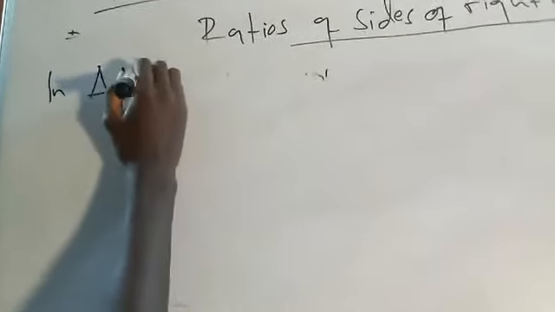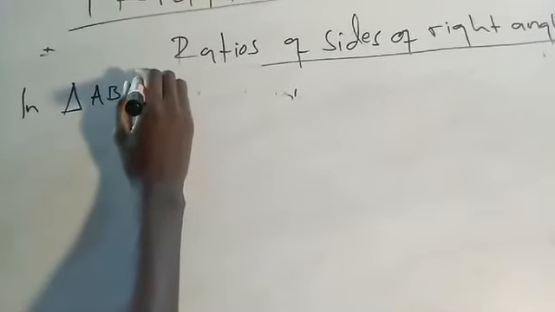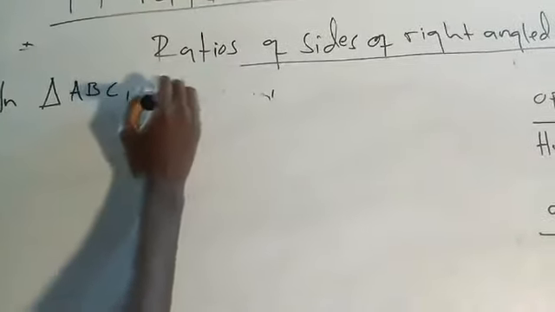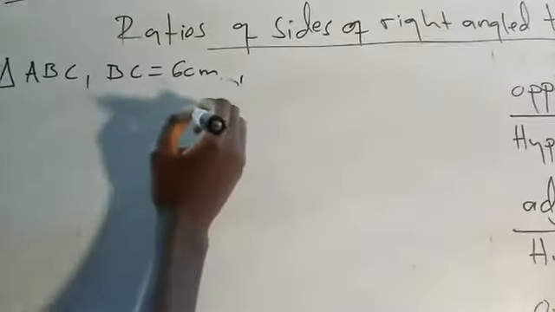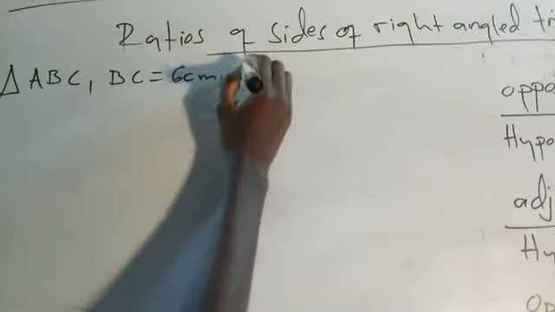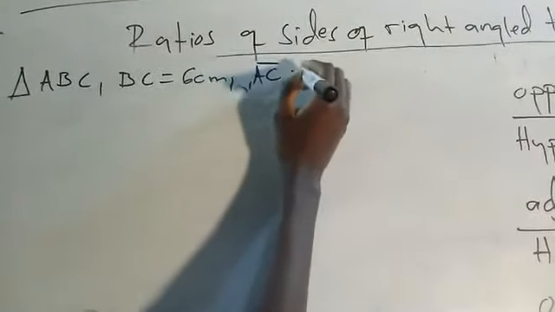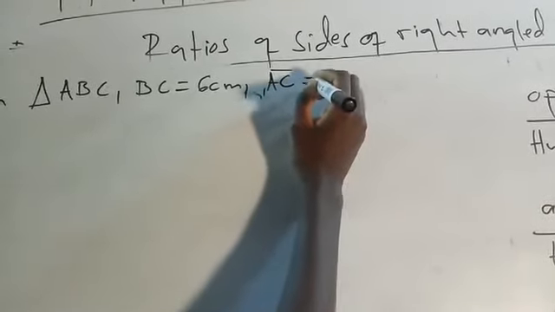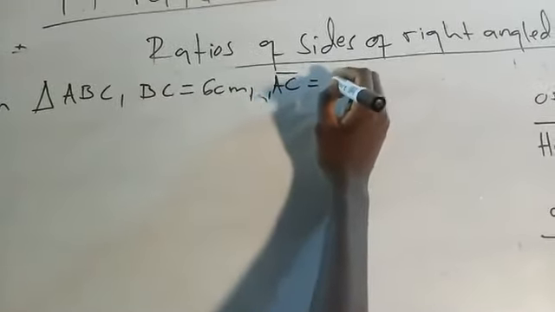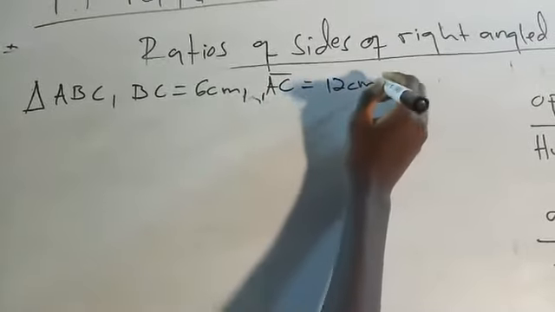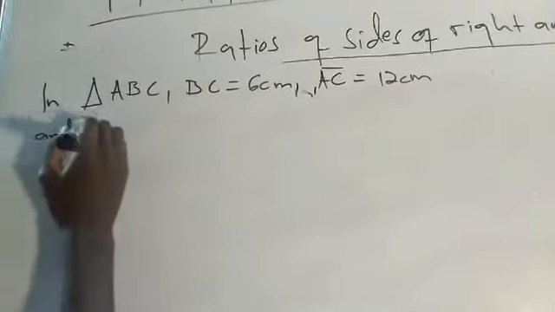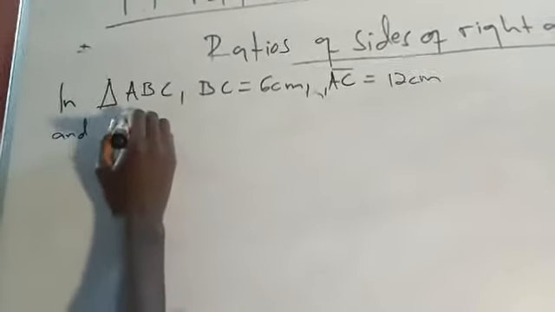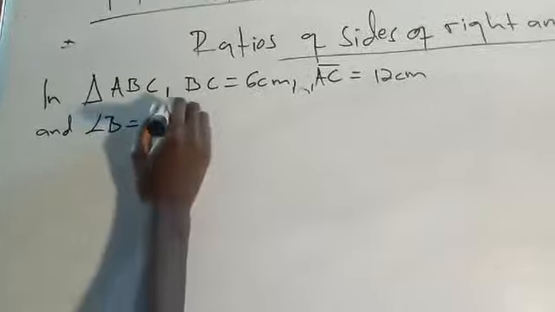In a triangle ABC, BC is equal to 6 centimeters, and AC is equal to 12 centimeters, and angle B is equal to 90 degrees.